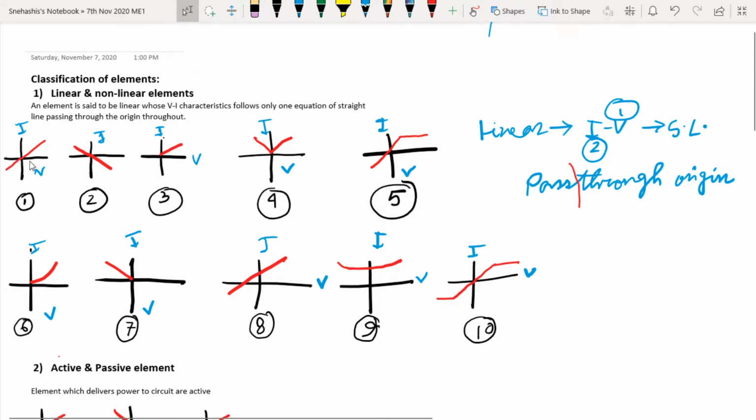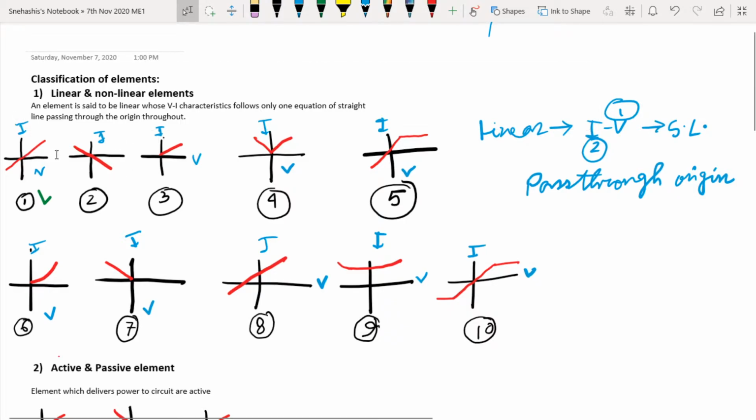Both, you can see from the diagram, it is satisfying both the criteria, so obviously it is linear. I'm writing L in place of linear. Let me use a different ink for that. I will use the green one. So it is linear.